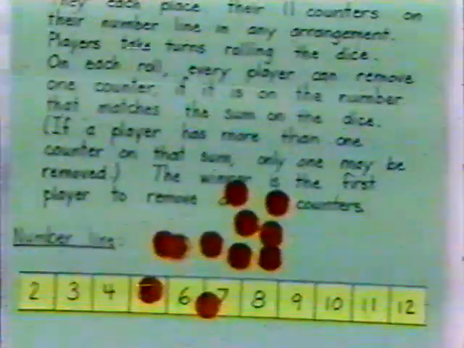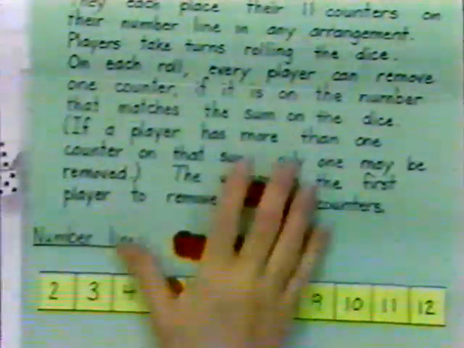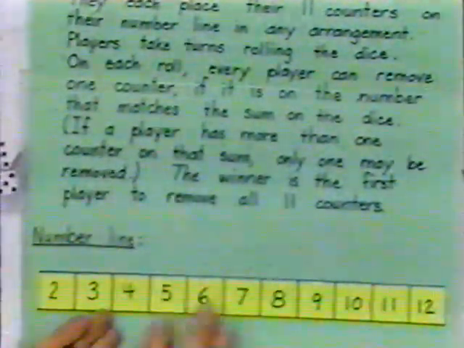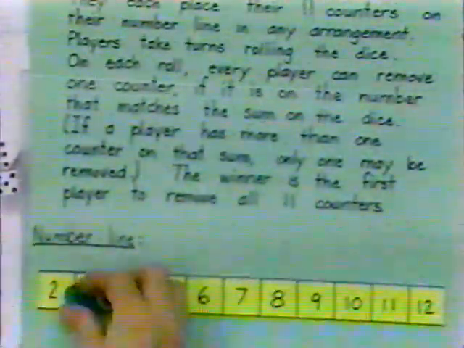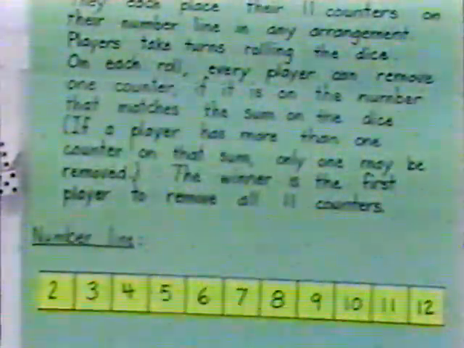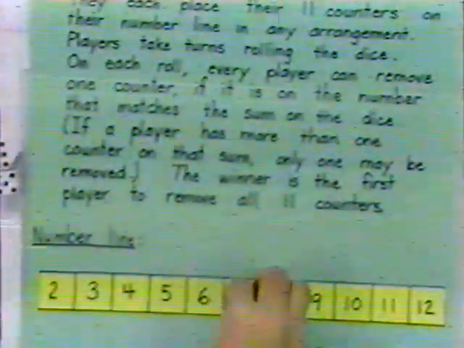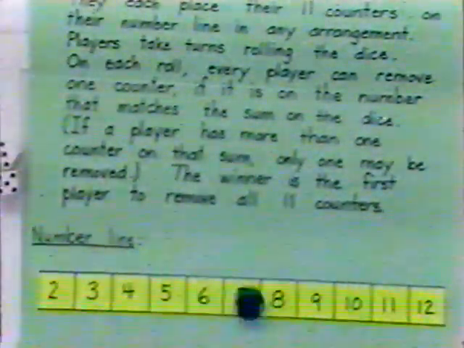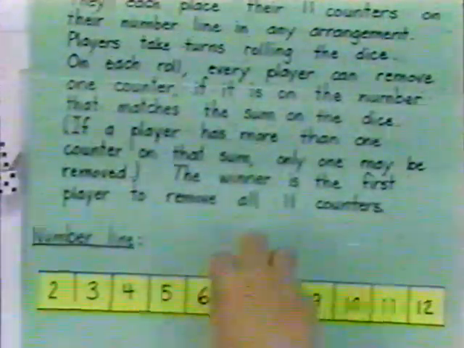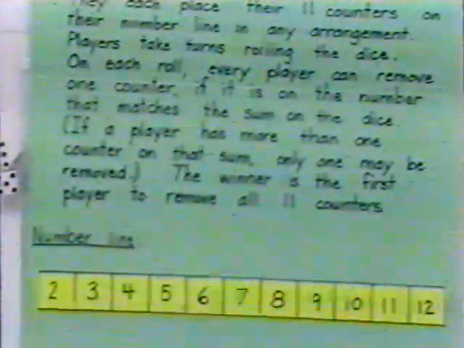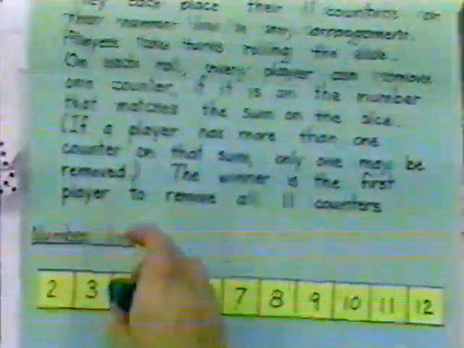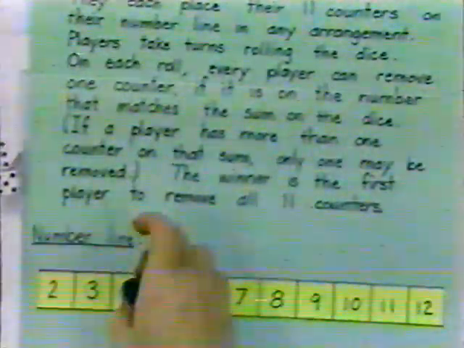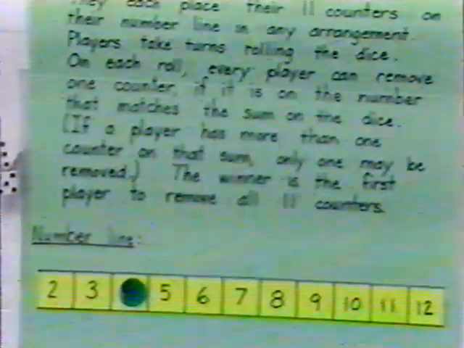Now, the players can take their 11 counters and stack them any way they want to on their number line. If they want to put 1 on each, that's fine. Or if they want to put all of them on one number, say the 7, if they think they're going to have the best possible chance that way. Or if they want to spread them out, they can put, say, a couple on 4, and they may base this on their own results from the game.